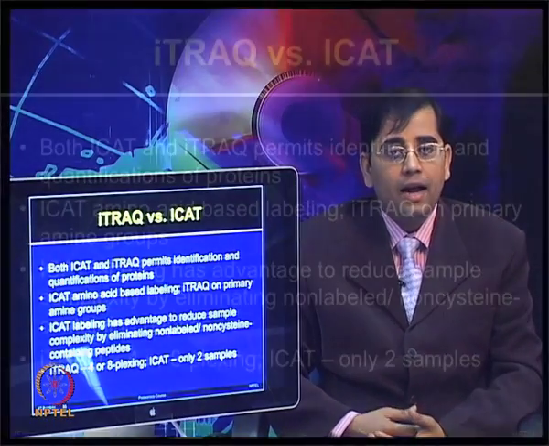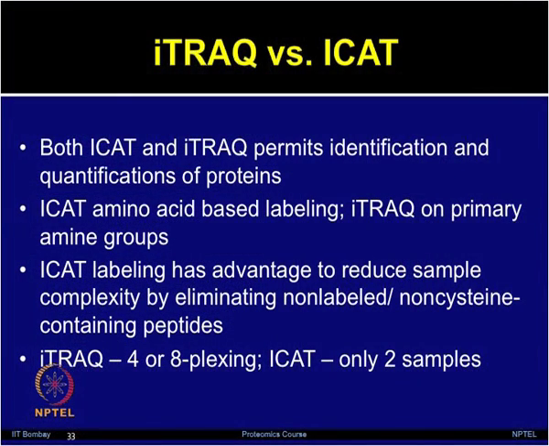So, both ICAT and iTRAQ allow the identification and quantification of the proteins. ICAT is an amino acid based labeling method which we discussed earlier, and iTRAQ, as we talked today, is based on the primary amine groups. So, iTRAQ potentially allows tagging of all tryptic peptides.